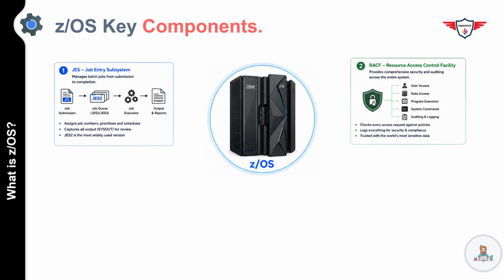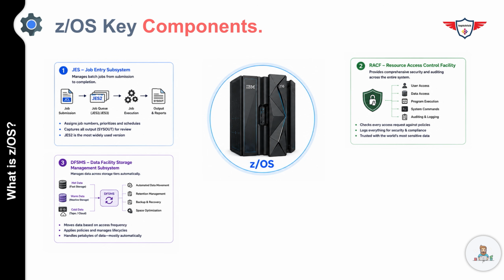It is this system that makes batch processing possible on z/OS. When a programmer submits a job written in JCL, JES receives it, assigns a job number, queues it, and schedules it for execution. And when the job finishes, JES captures all the output, logs, reports, and error messages. In a mainframe environment, this output is called sysout.